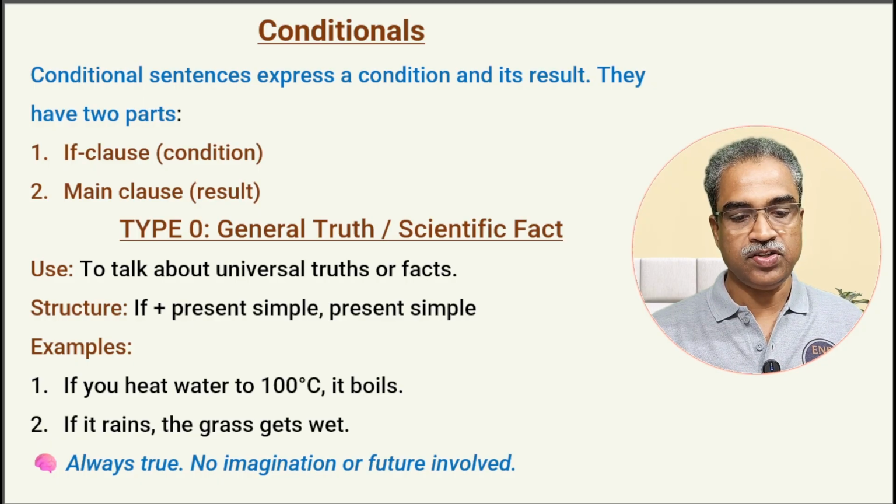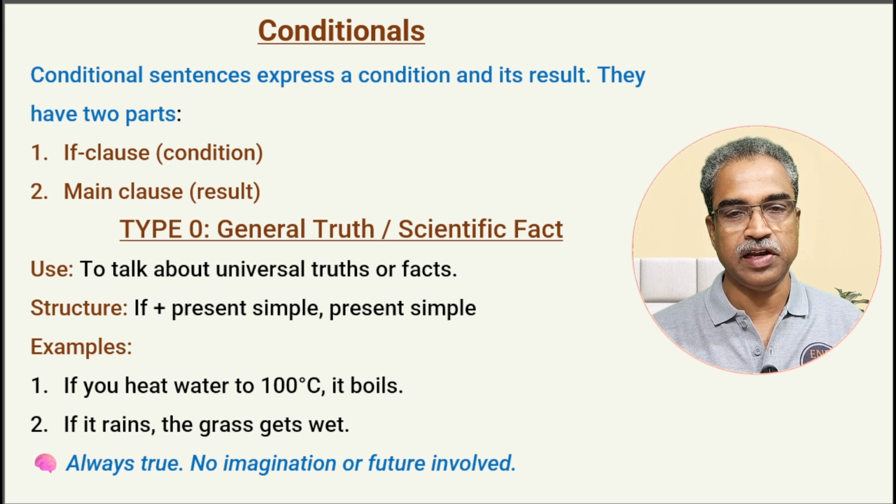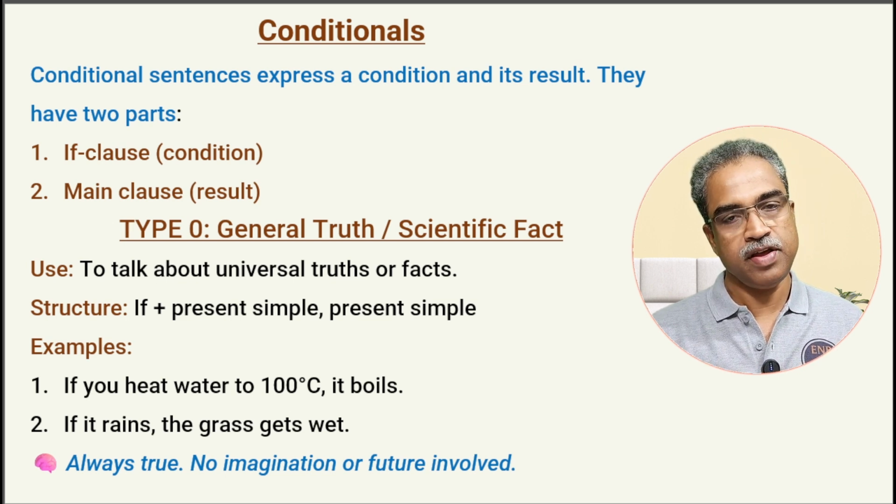If you heat water to 100 degrees Celsius, it boils. Now, two clauses we have here. If you heat water to 100 degrees Celsius, that is one clause. It boils, next is another clause. If I simply come to you and tell you, it boils, it makes full meaning.